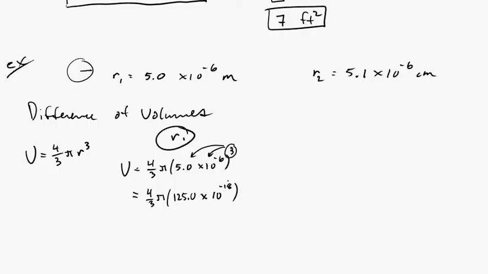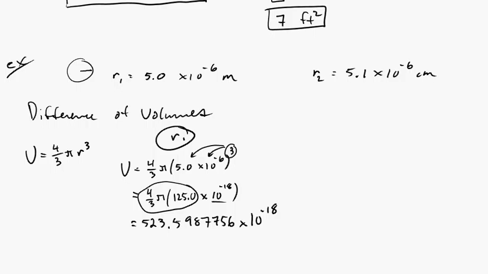Now here's the nice thing about sig figs. I only have to multiply all this stuff out and then keep that there. So I'm going to my calculator right now. 4/3 pi times 125 is 523.5987756 times 10 to the negative 18.